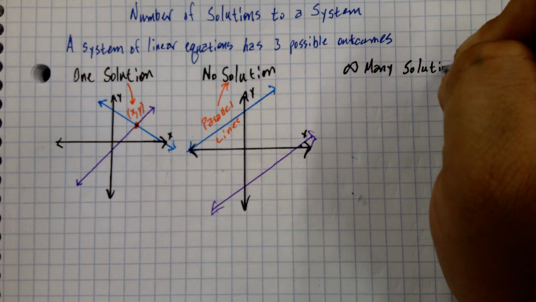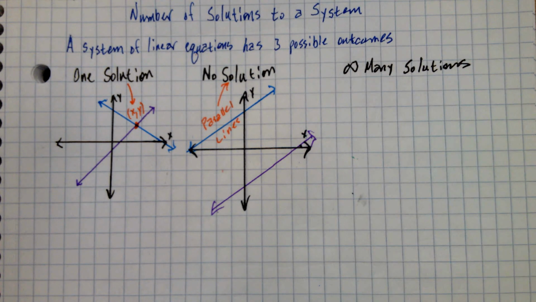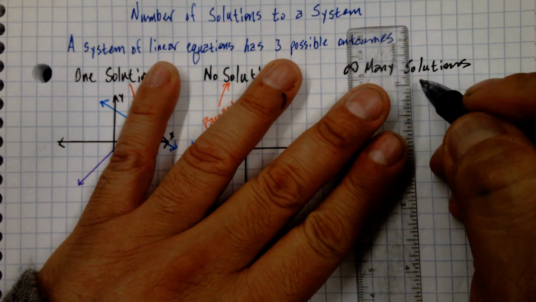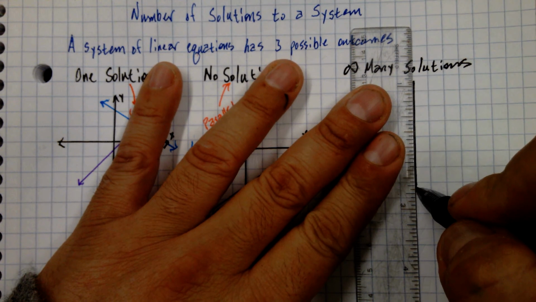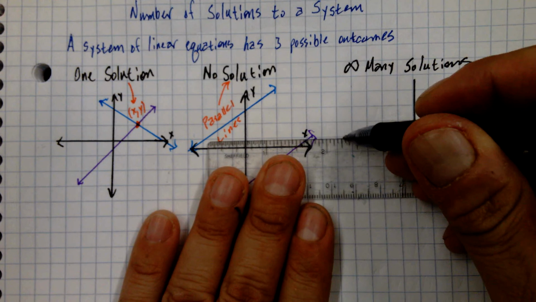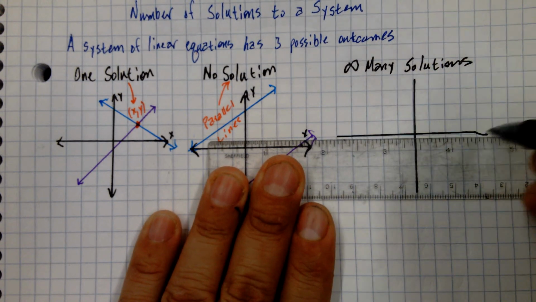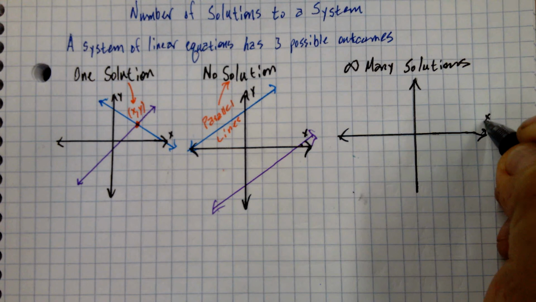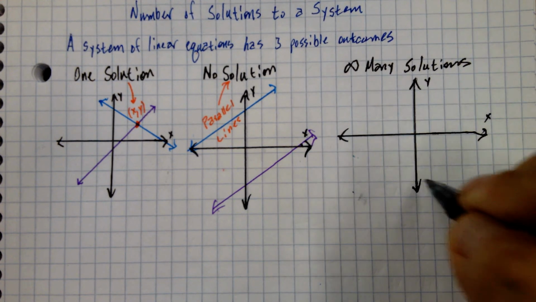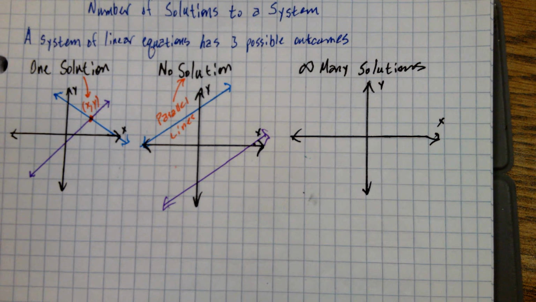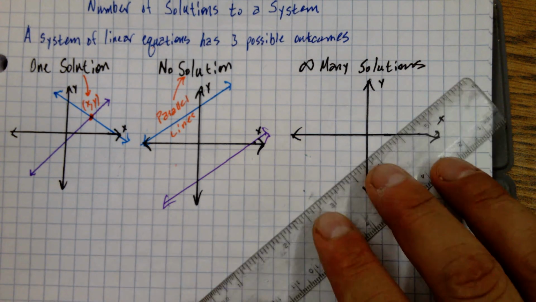Let's graph something that would be infinitely many solutions. Anybody remember what this would look like? What we say is they coincide. They overlap basically.